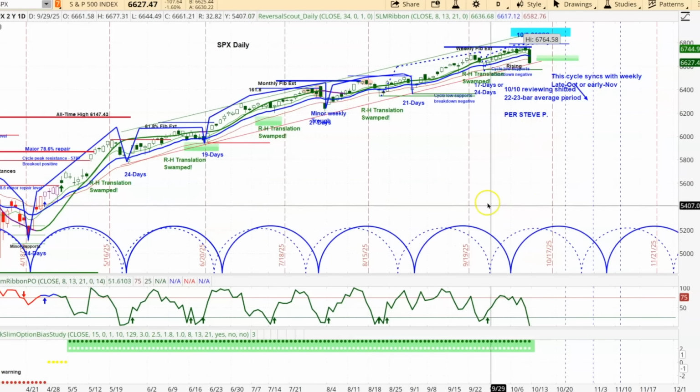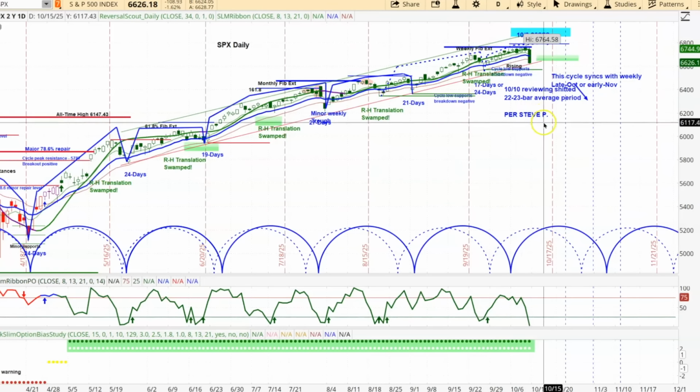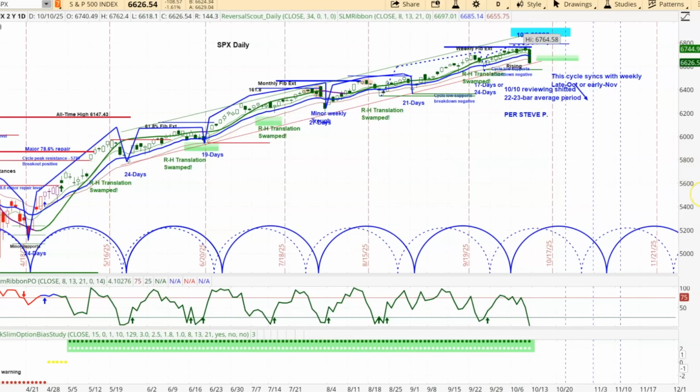That had me looking at this trough right over here, which I had rejected before as the possibility, but then I got an email from Steve P., who's a student of this work, and I was looking at it again, and I said, well, that probably is what's going on right over here.